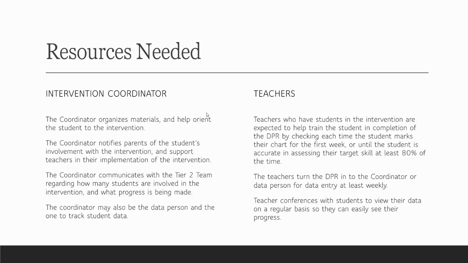So the teachers who have students in this intervention are going to be expected to help train that student in completion of that daily progress report. They're going to be responsible for checking the students' completion of that progress report until that student is successfully completing that progress report independently at least 80% of the time. So that teacher is going to be the person that's going to facilitate the completion of these daily progress reports.